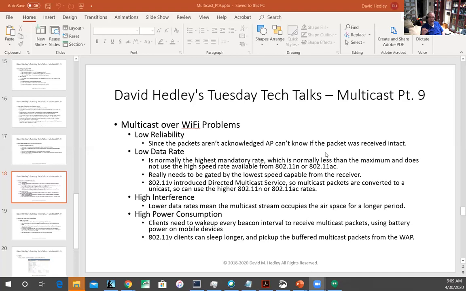So how much airtime I take to send the same amount of data is much less. If I use some of the very high rates on AC, I can take this multicast data and shoot it to a whole bunch of clients a lot faster than I could at that mandatory data rate. So this one is a huge bonus, but you notice it's not multicast anymore.